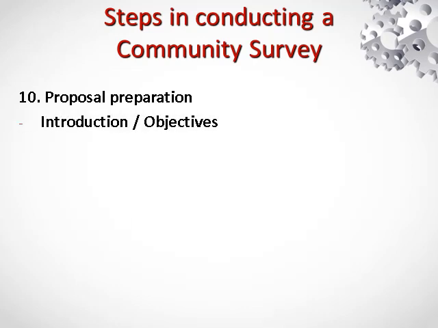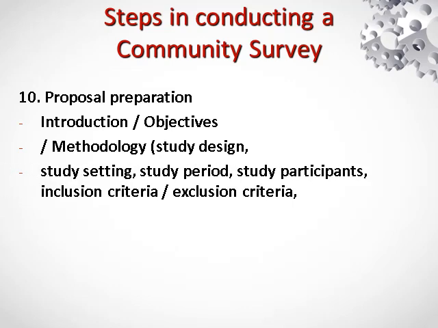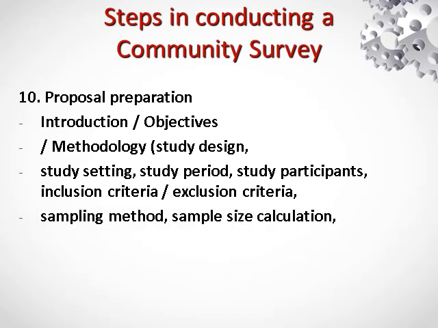Okay, it should have introduction or objectives, then methodology, should have study design, study setting, where the study is done, study period, which is the period of study, study participants, inclusion criteria, exclusion criteria, sampling method.